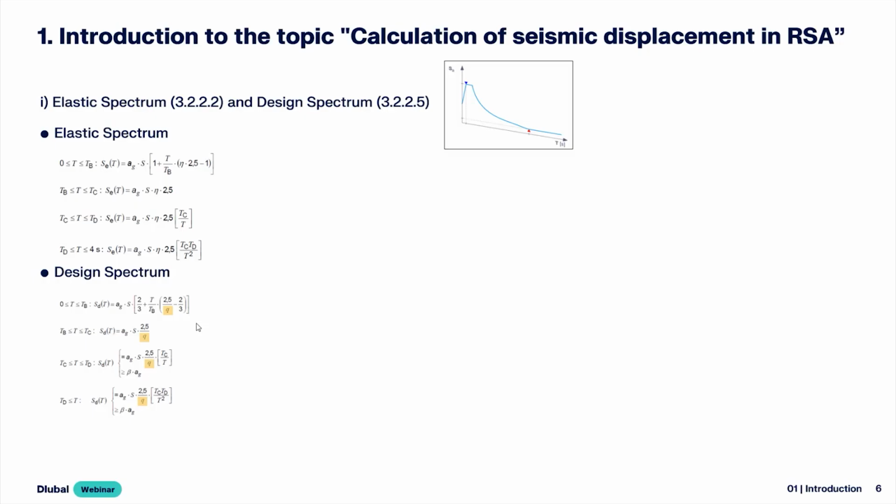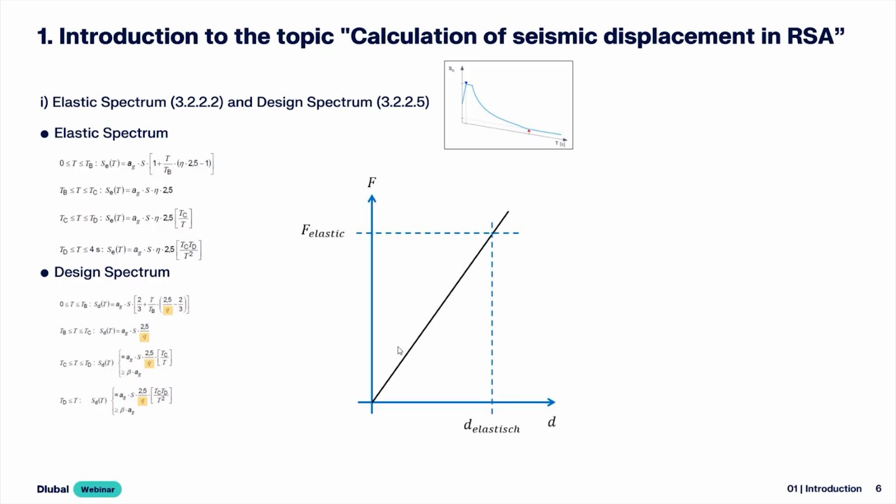It's a description of the characteristics of the structure regarding material and structural configuration, which can also be translated into how it behaves in the inelastic range. And let's take a quick review between this elastic and inelastic.